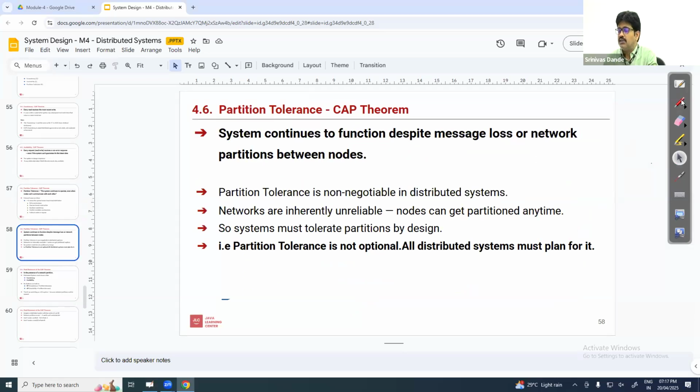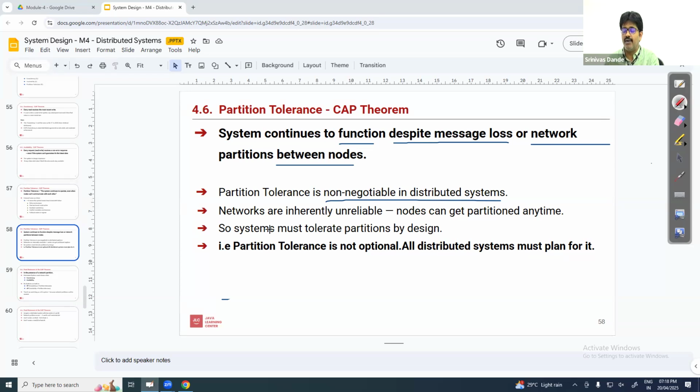Again about partition tolerance, the same point I am repeating: the system continues to function despite message loss or network partitions between the nodes. Some messages dropped, data packets dropped, or a network partition happened, for any reason, the system has to continue. Partition tolerance is non-negotiable in a distributed system. It means you always consider partition tolerance in distributed systems.